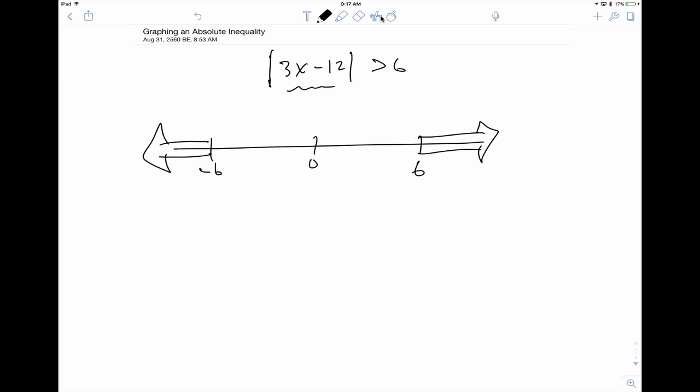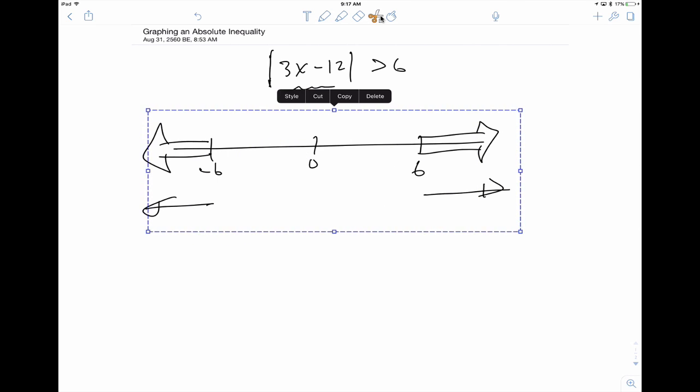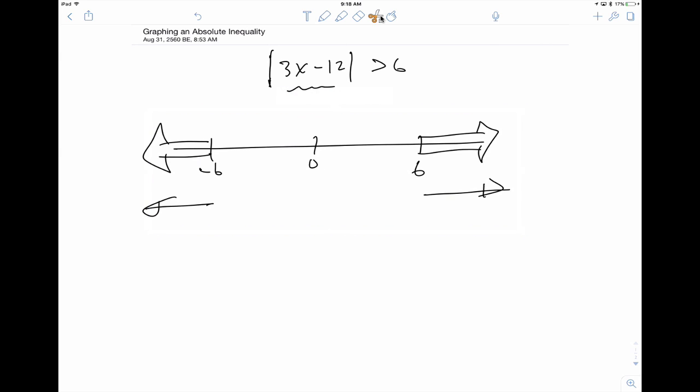But again, like I say, when I erased what I wrote up on the board, that's not the graphed solution. That's just giving us an idea that we're talking about values that are greater than a certain number and less than a certain number once we've solved for x. Just before I erase that, that number is not 6 because we haven't solved for x yet.